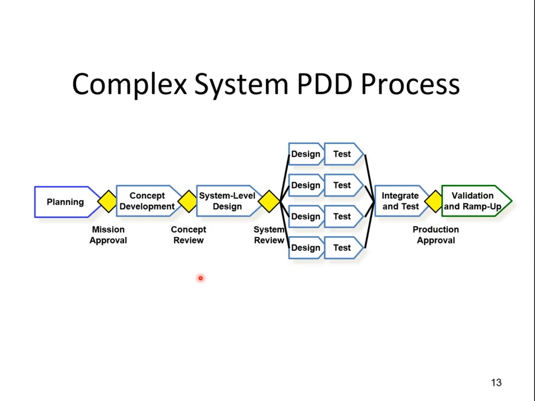But now with the digital format, you can simply run simulations for multiple different designs, with different teams working on different designs, and at the end you can evaluate to get the best design among all. Then we do the integration and test for the final successful design before the production approval, validation, and the ramp-up of production.